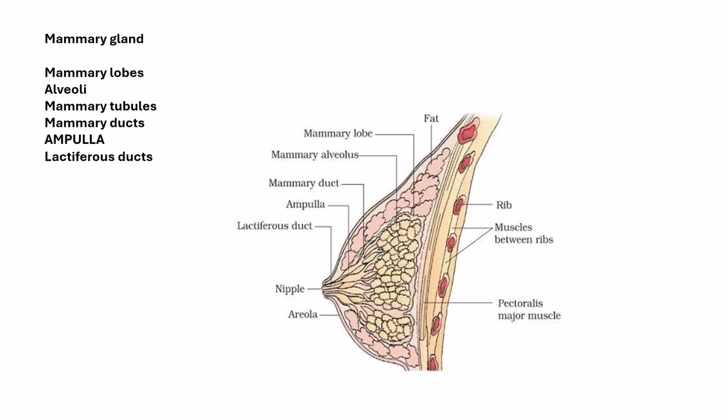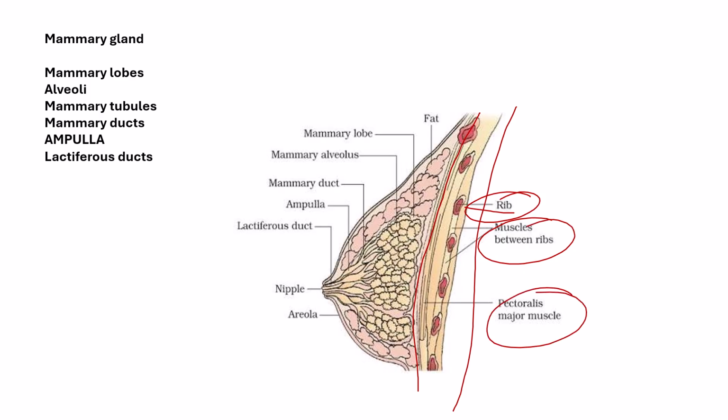structure of mammary gland. So if we see here, mammary gland is attached to the ribs, muscles between the ribs. You have already studied this in the skeletal system, locomotion chapter. So with the help of the ribs, the base of the mammary gland gets attached so that it helps in the movement.